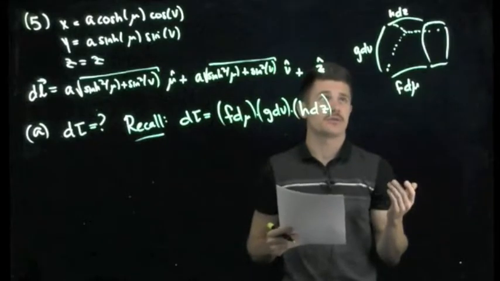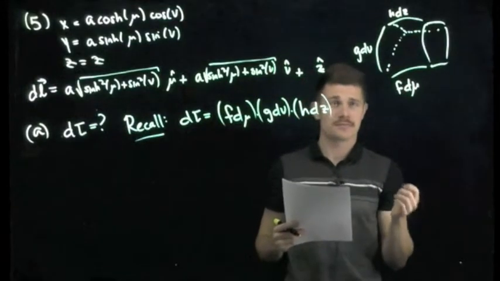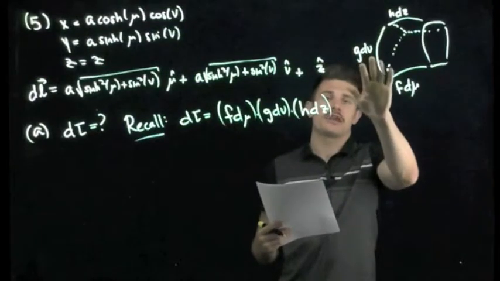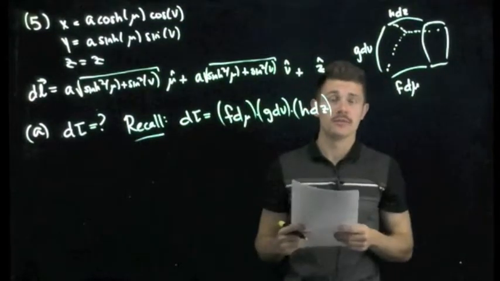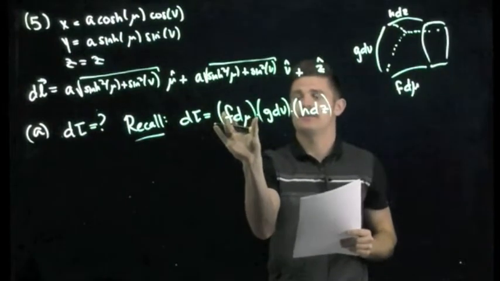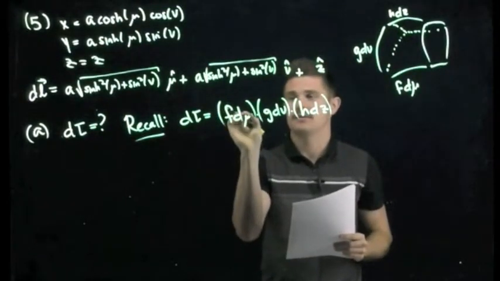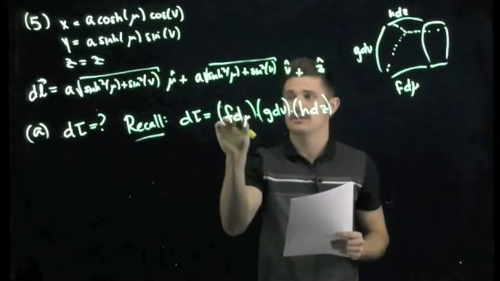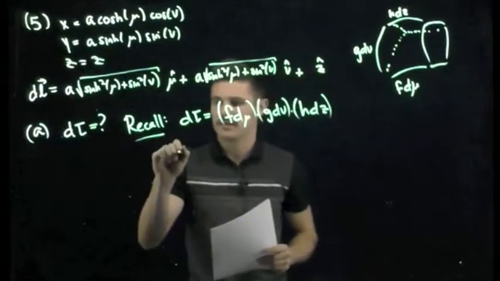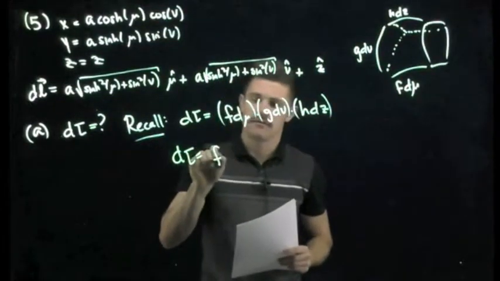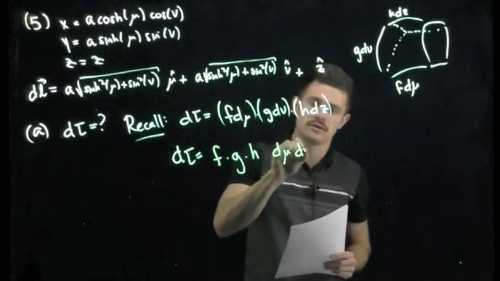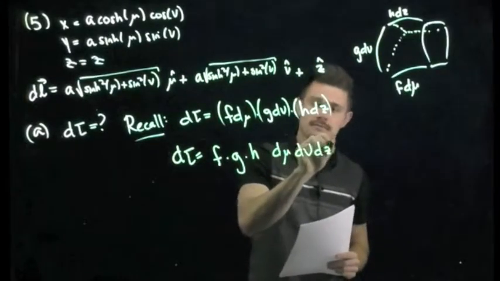Because we don't necessarily have a linear space, given that we're in an elliptical coordinate system, g will be some sort of modification factor applied to d nu, such that we can multiply the three together, and we essentially have some sort of scaled element d mu times f in each of the three directions. So our final d tau is just f times g times h, d mu, d nu, dz.